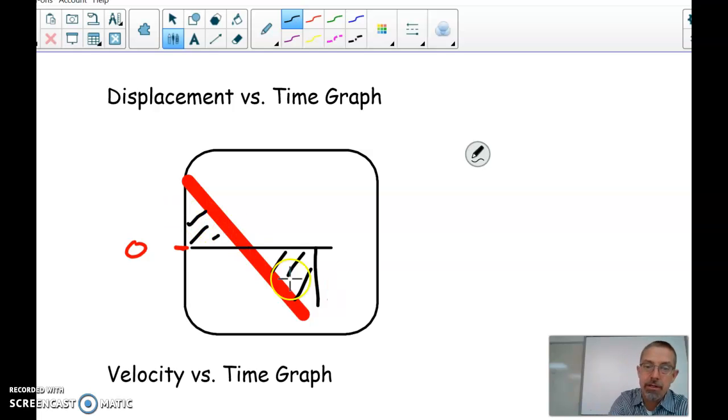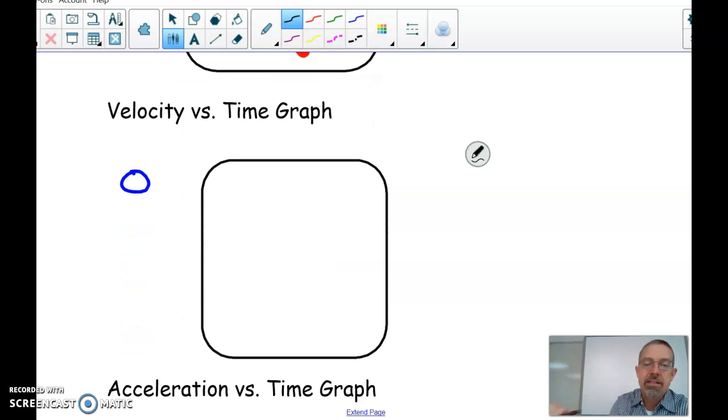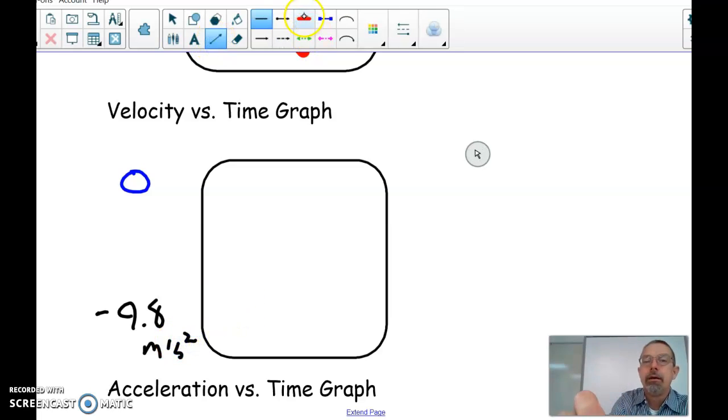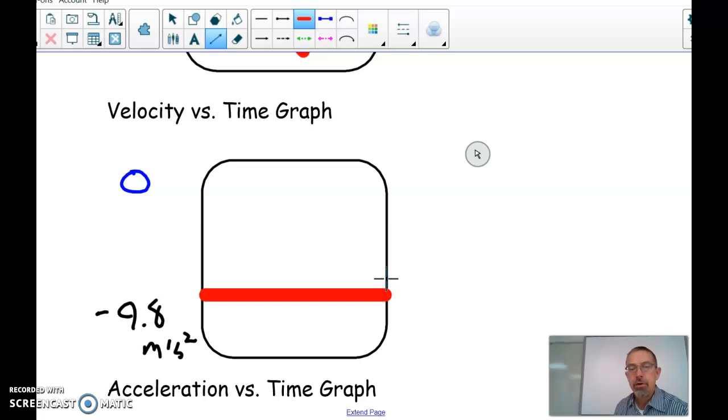If these two areas happen to be equal, that means that I ended up exactly where I started from. My acceleration versus time graph is always going to be this negative 9.8 meters per second squared. So that's always going to be a constant. Okay, so those are some things that we should be able to take with us.